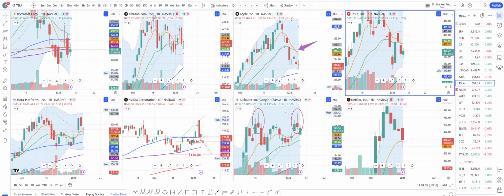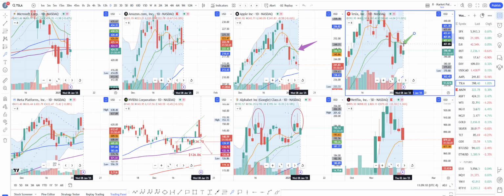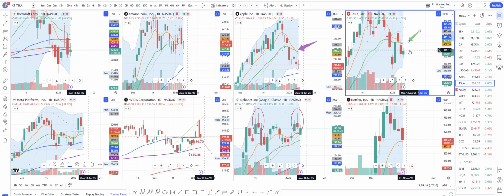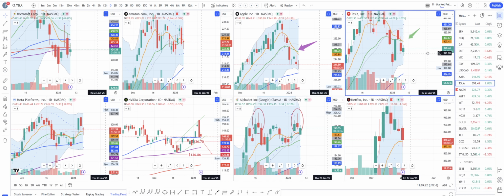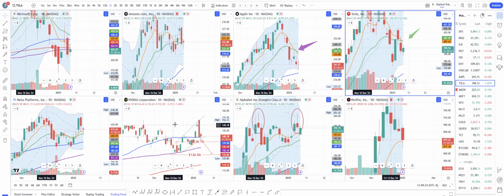And I'd like to also emphasize this little thing here, which is going to be a freshly made 8 by 20 EMA cross, unless Tesla bulls do something and reverse it. All right, so that's the bearish perspective here.